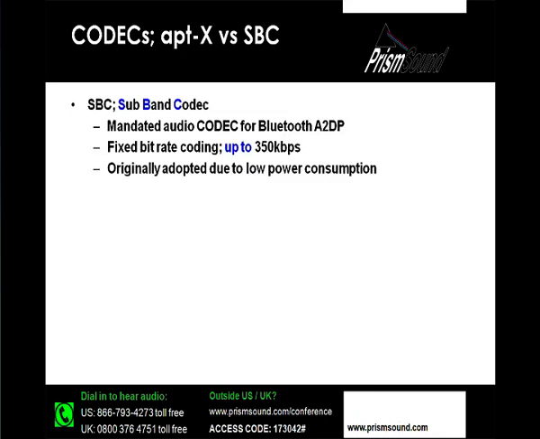It was originally adopted in the specification primarily because it's a low power codec. It's fairly low complexity in both the encode and decode. For example, in the Kalimba DSP that we have inside the BC5MM, the codec only takes about 8 MIPS, which is an incredibly low power consumption.